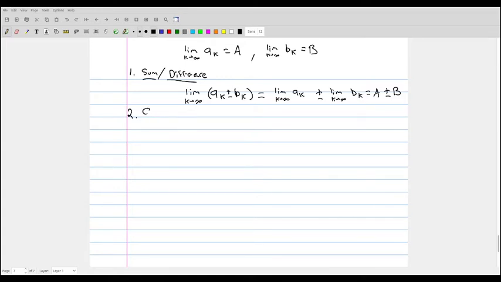Next one is the constant multiple rule, which says that if c is any constant real number, then the limit as k goes to infinity of c times ak is equal to c times the limit as k goes to infinity of ak, which would just be c times a. And this holds for any sequence that has a convergent limit.